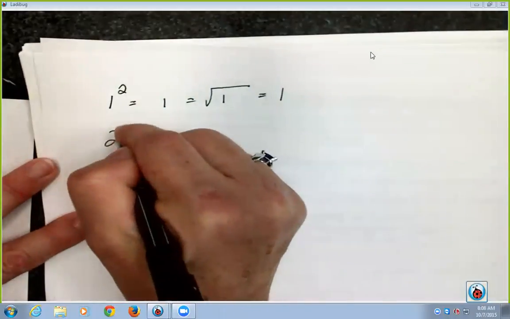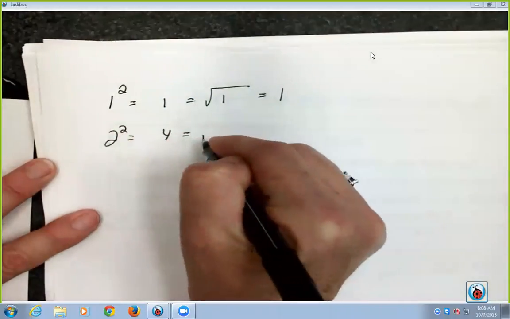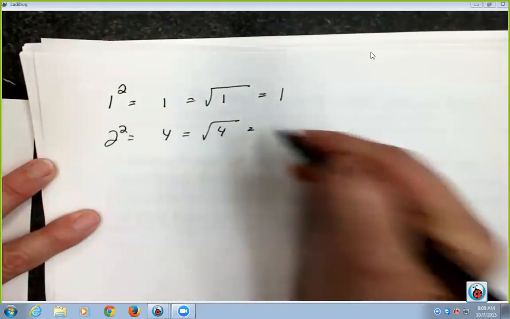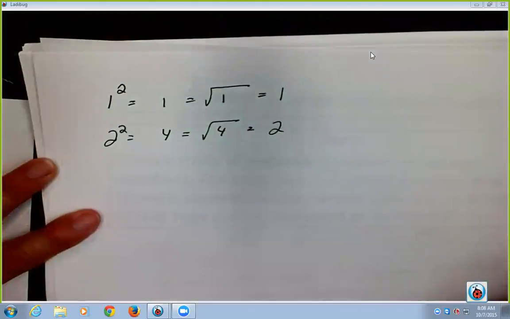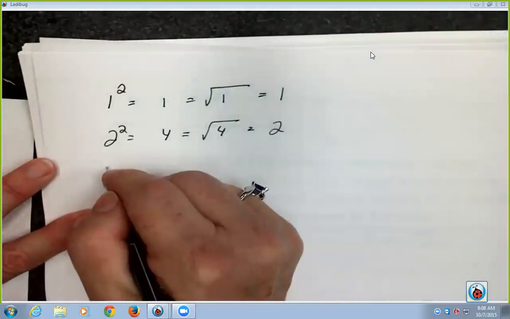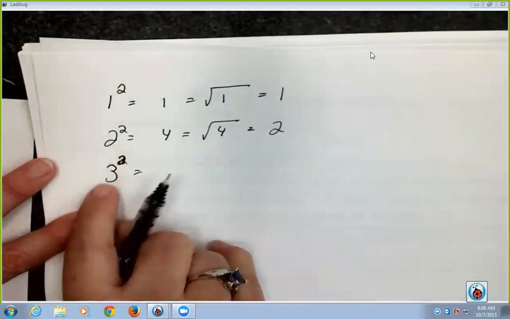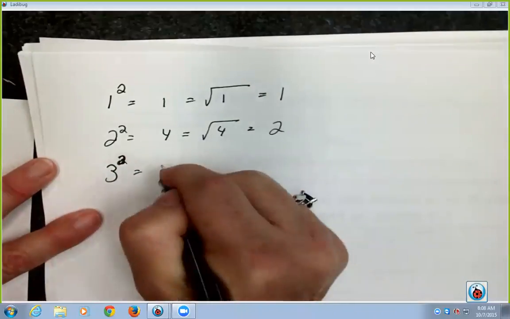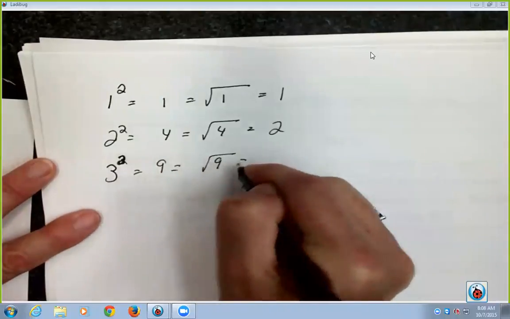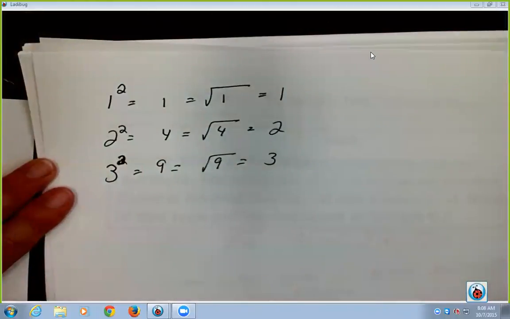If you square 2, you get 4, but the square root of 4 is going to equal 2. So these are considered to be perfect squares. Basically what it's doing is taking your base number, squaring it, and ending up with your value.